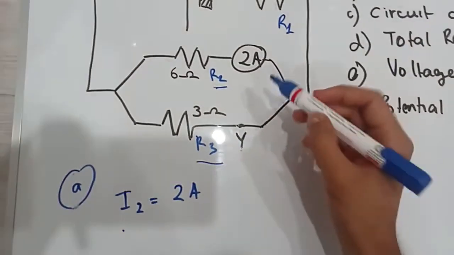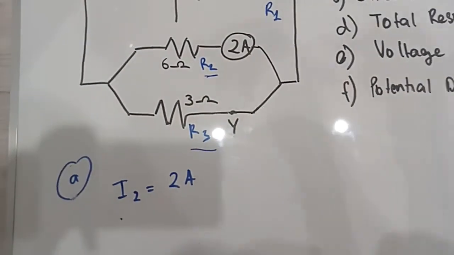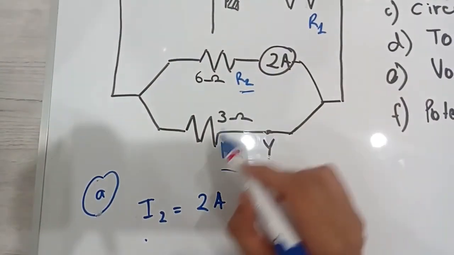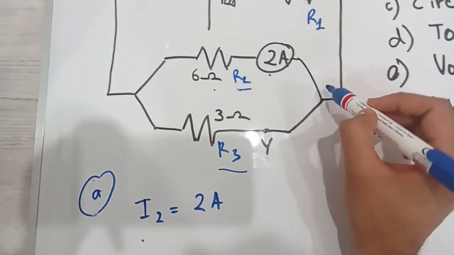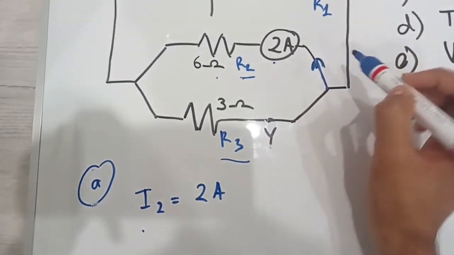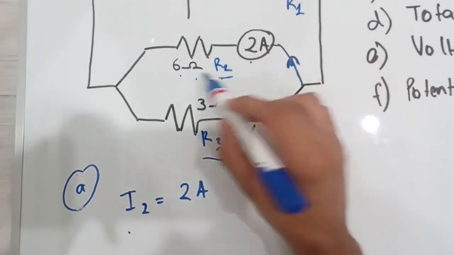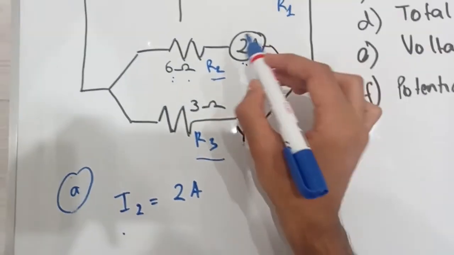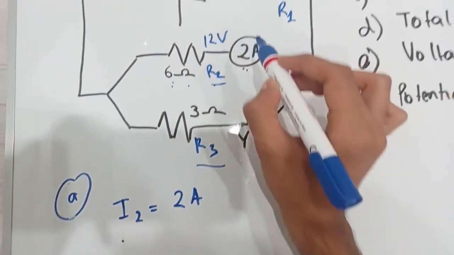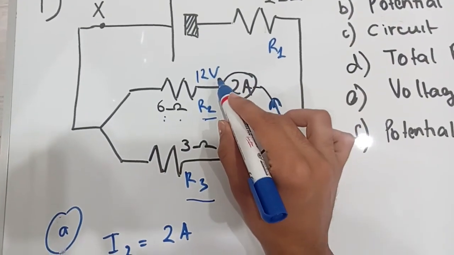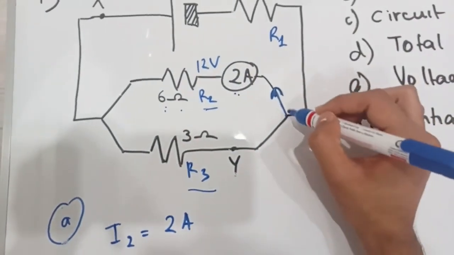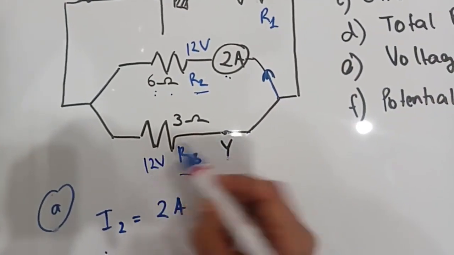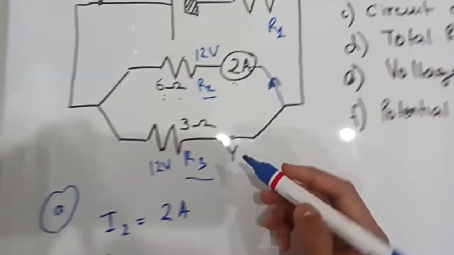In this case, we know that voltage remains the same in a parallel circuit. So the voltage across this wire is going to be 6 ohms multiplied by 2 amps, which is 12 volts. And if there's 12 volts across this wire and the voltage remains the same in parallel circuits, there's going to be 12 volts across this wire as well.